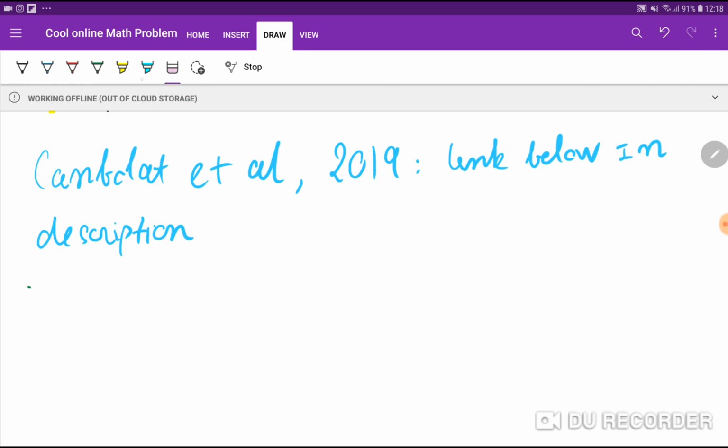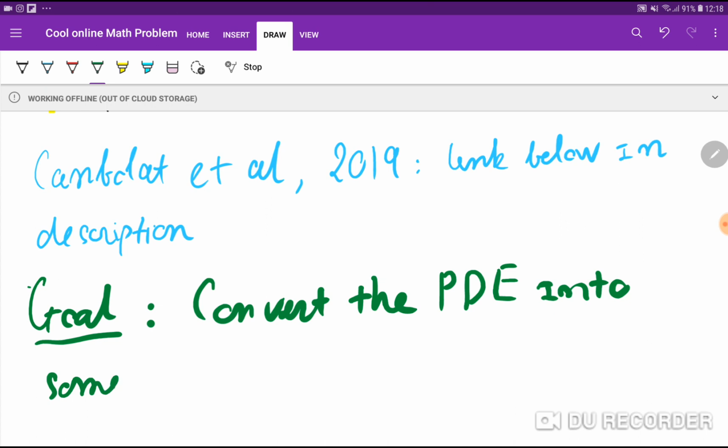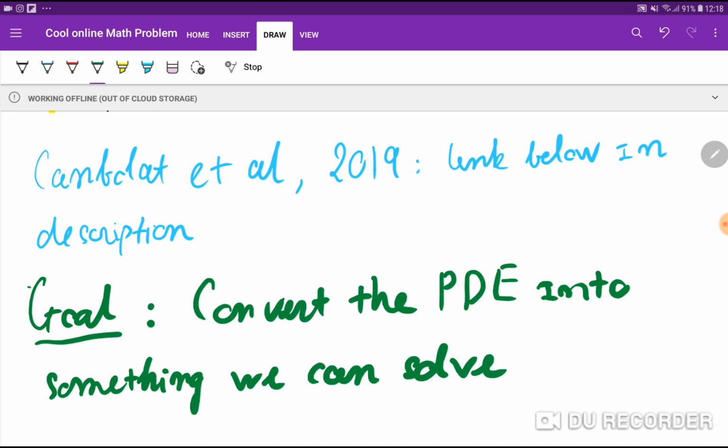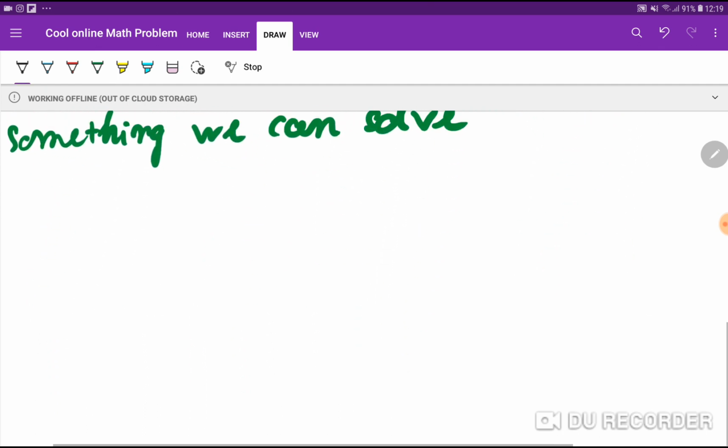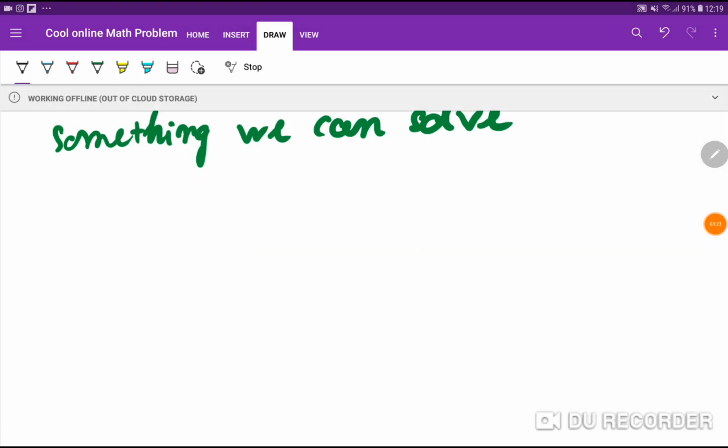Goal: convert the partial differential equation, or the PDE, into something we can solve. I'm not going to go over how to solve it completely, but let's convert it to something that we can solve. So what is the equation?